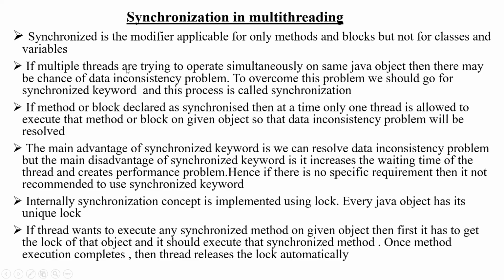If multiple threads are trying to operate simultaneously on the same Java object, then there may be a chance of data inconsistency problem. To overcome this problem, we should go for the synchronized keyword, and this process is called synchronization.